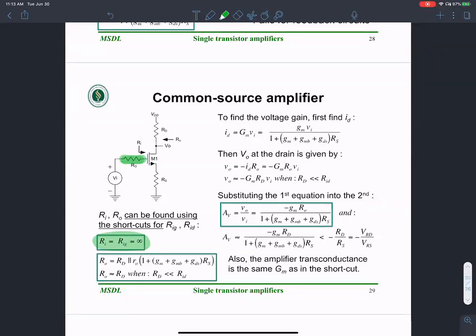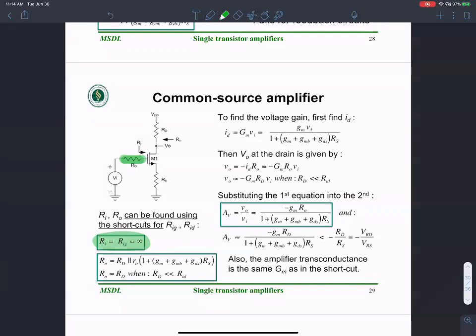For reasonable values, it's high. It's extremely high because the current going into the gate is really zero for an ideal MOSFET. There are situations where there may be some leakage current going into the MOSFET, but ideally speaking, the current going into the MOSFET gate is zero.